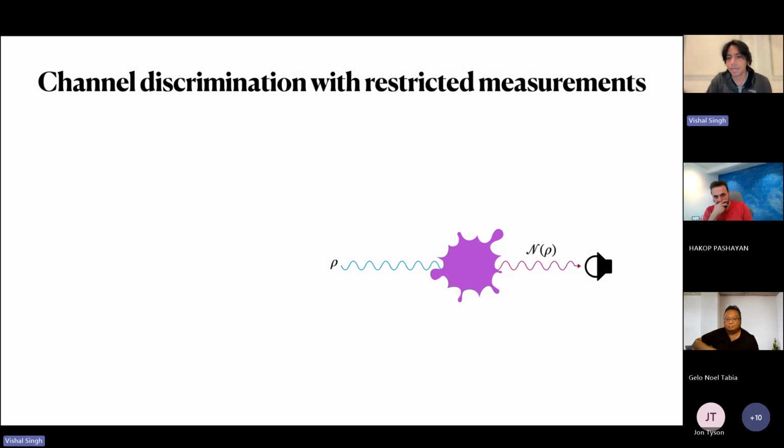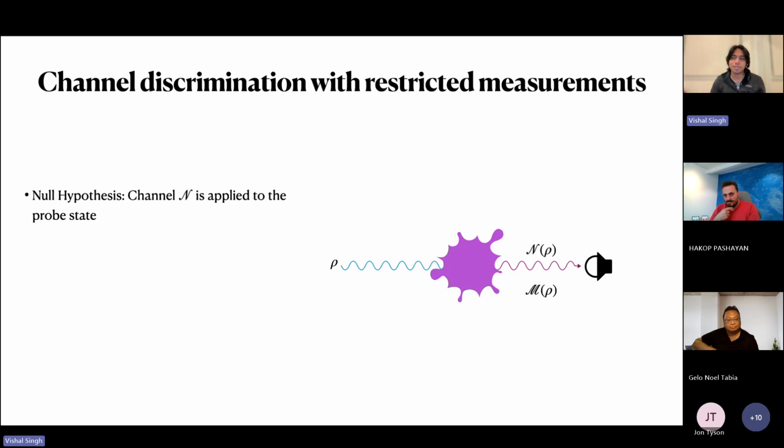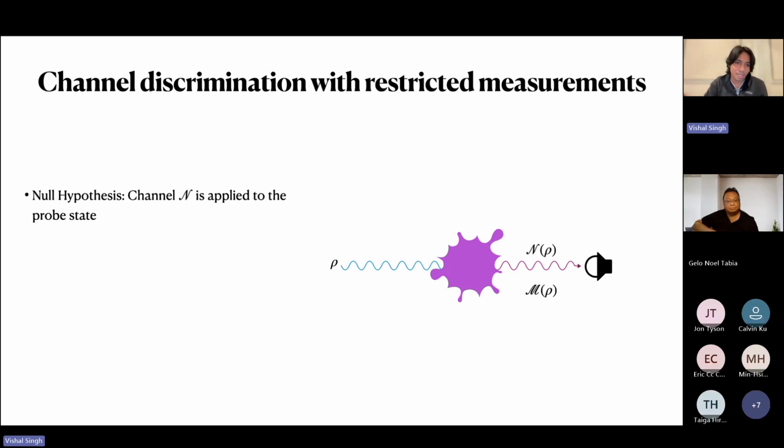It's either a channel N that is acting on it or a channel M. If there's nothing interesting happening, you know that the channel N is applied. But if something interesting is happening, you know that the channel M is applied. So your null hypothesis would be that nothing interesting is happening: your state rho is being converted into state N rho. But your alternate hypothesis would be that something interesting is happening and the state rho is being converted into M rho.